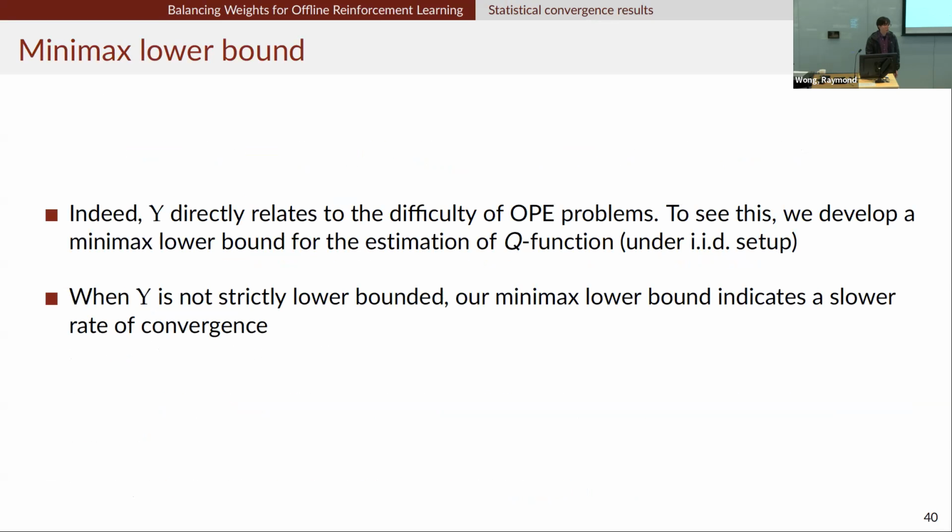In our paper, we show this more rigorously by deriving a minimax lower bound for the estimation of the Q function. Our result indicates that if this epsilon is not strictly lower bounded, the minimax lower bound will indicate a slower rate. It will slow your convergence. So that's why this is directly related to the fundamental difficulty of Q function estimation.